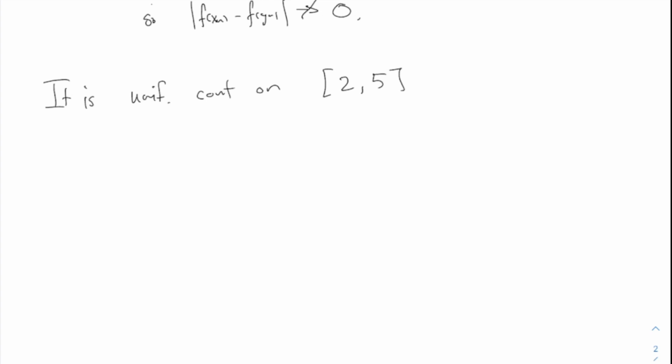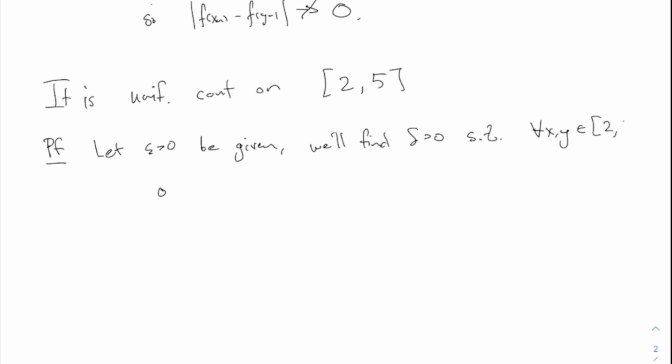All right, let's see if we can prove this. This one is a little bit more formulaic, although it also has some tricky steps in the middle. But anyway, let epsilon greater than 0 be given. We'll find delta greater than 0 such that for all x, y in the interval 2 to 5, 0 less than absolute value of x minus y less than delta implies absolute value of f of x minus f of y less than epsilon.